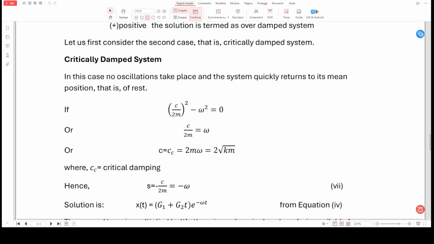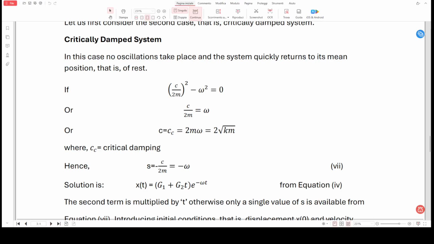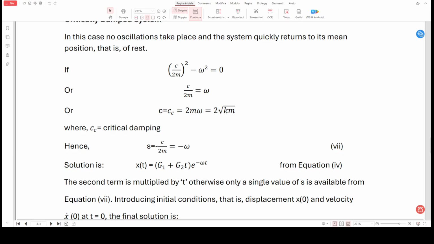To solve this equation, we can write c equal to m times omega, and the critical damping Cc equal to 2 times the square root of km. So s we can rewrite as: c divided by 2m is equal to omega.